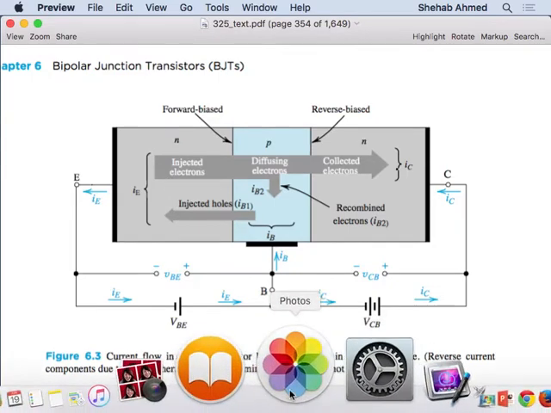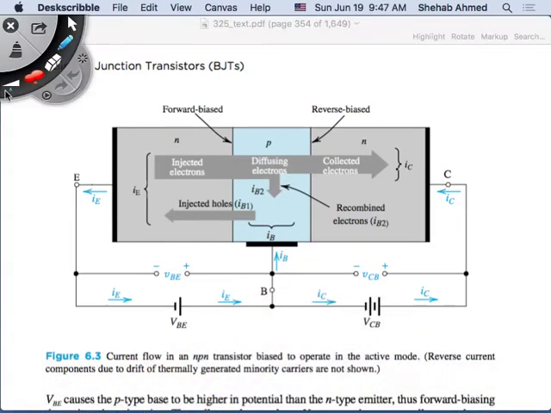So if that's happening, where is the direction of current flow? The electrons here are moving this way, and the holes here are moving this way. So the direction of the current is in the same direction as the holes, right? So the emitter current will be in this direction, right?